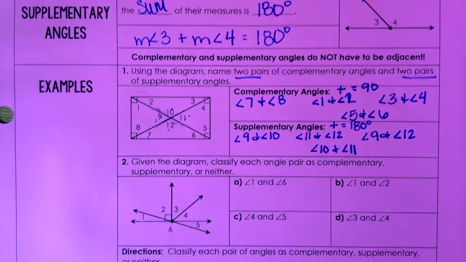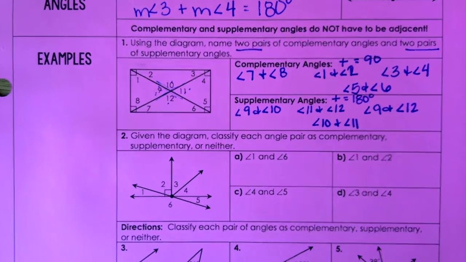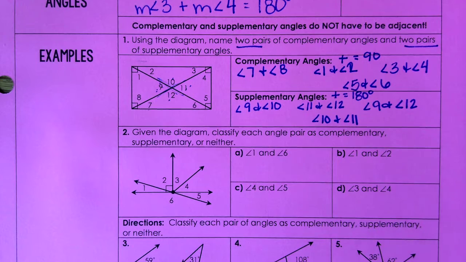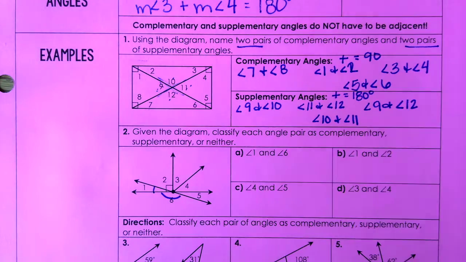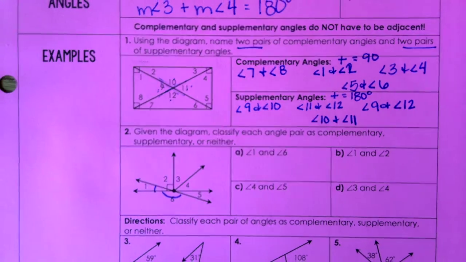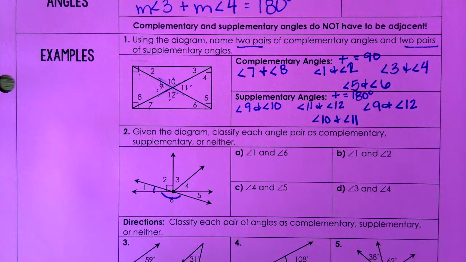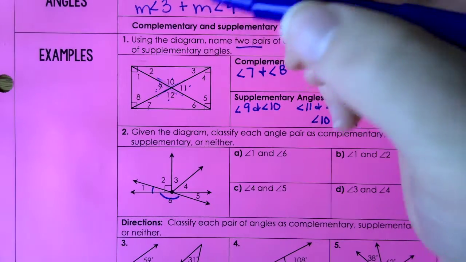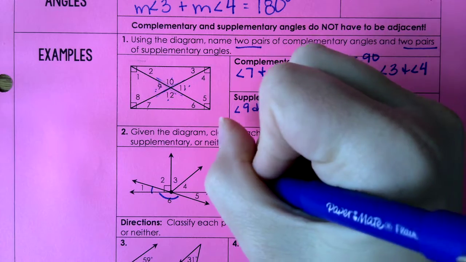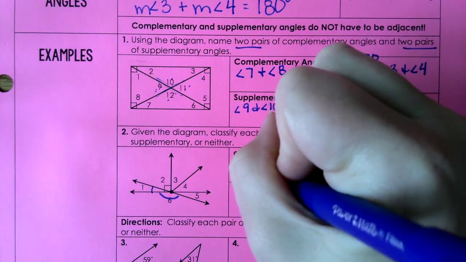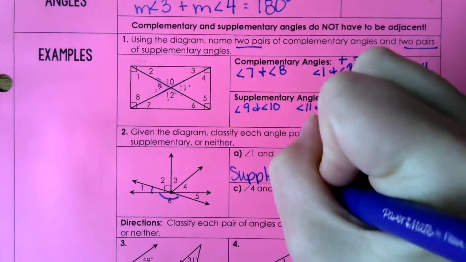Yeah. Okay, so now it's giving us this diagram and we need to classify each angle pair as complementary, supplementary, or neither. If I have angle 1 and angle 6, what kind of angles are those? They are adjacent, but we want to know complementary or supplementary. Supplementary. Can we shorten that to sup?